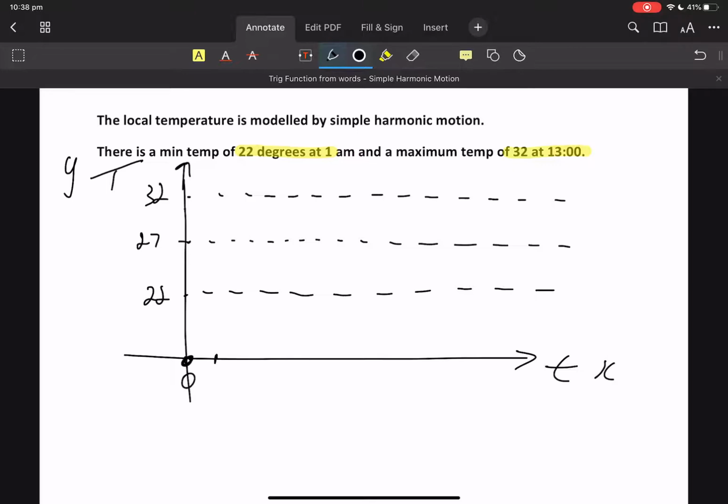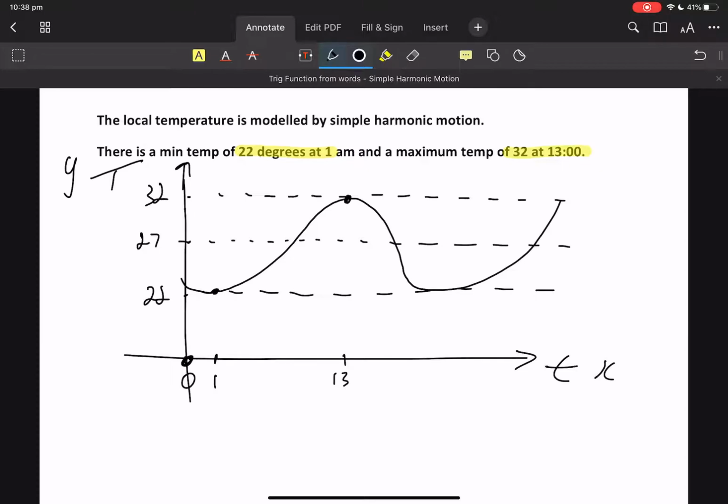So when we're here at 1 o'clock in the morning, it's at its minimum here, and then it's going to go up and then down, and that is a nasty looking graph. But anyway, you get the point. There is my 32, and that happens at 1300, or let's just go 13. T is 13.